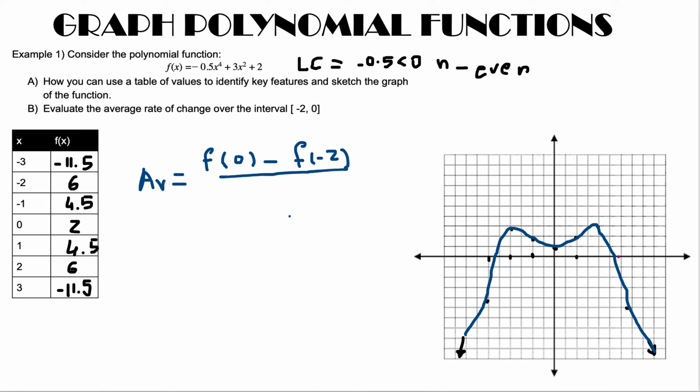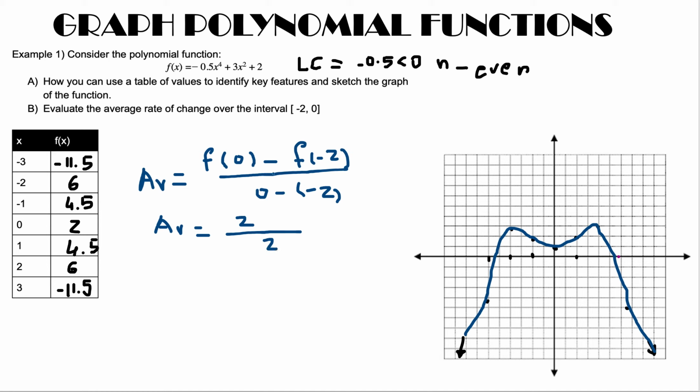Here b is 0 and a is -2. So it's f(0) minus f(-2), divided by 0 minus (-2). We already have those values. What is f(0)? f(0) is 2. Here the terms with x are 0, and 0 plus 2 is 2.